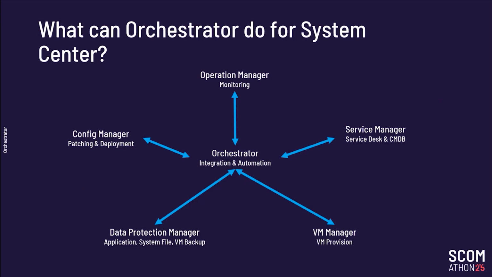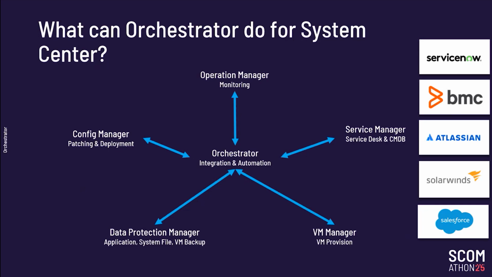As Marcus has mentioned, there's an integration directly into Service Manager for a bi-directional connection and configuration, but we can use Orchestrator to extend that out to other service desks. So we can allow Operations Manager alerts to be picked up, triggered and forwarded into other service desks.